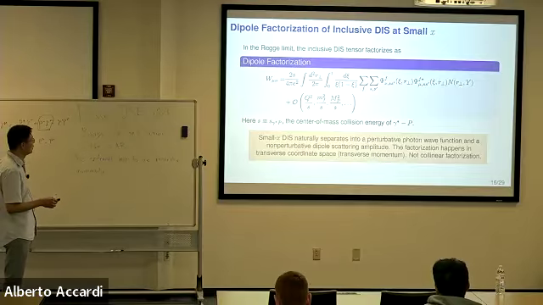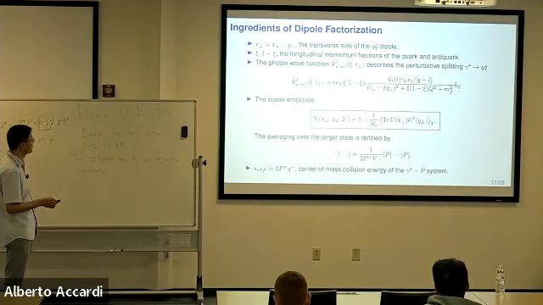So we have this part, the two Wilson lines from the two propagators. I use the shorthand notation that this angle bracket represents the matrix element of these Wilson lines in the proton state.